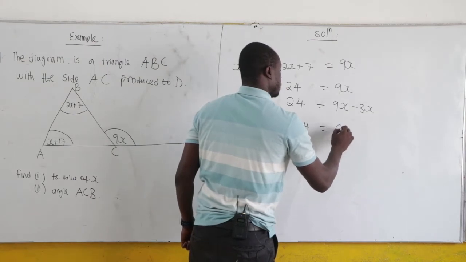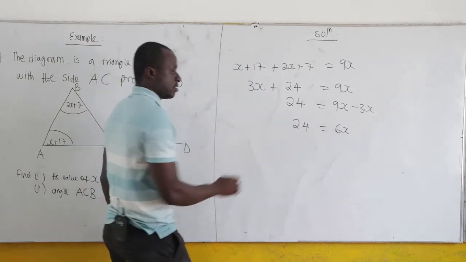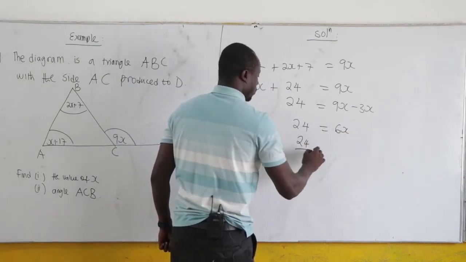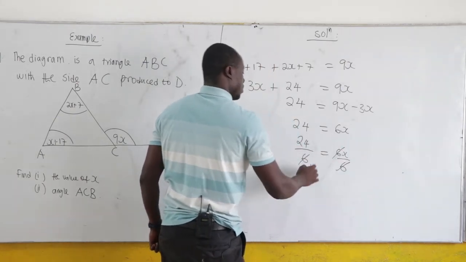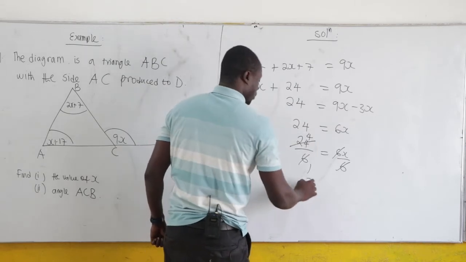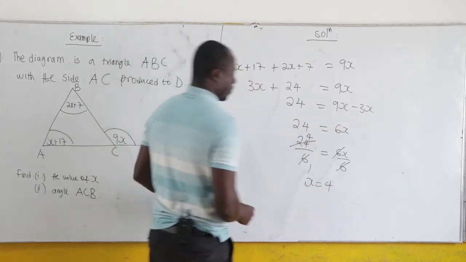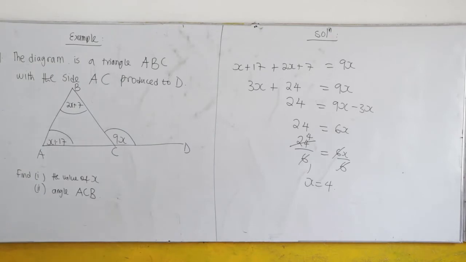This is equal to what? 6x. So first we find x: 24 over 6 equals 6x all over 6. This is cancelling out. 6 is going to 1, 6 is going into 24, that's 4. So we have x to be equal to what? 4 degrees. So that is the value of x, the first one.